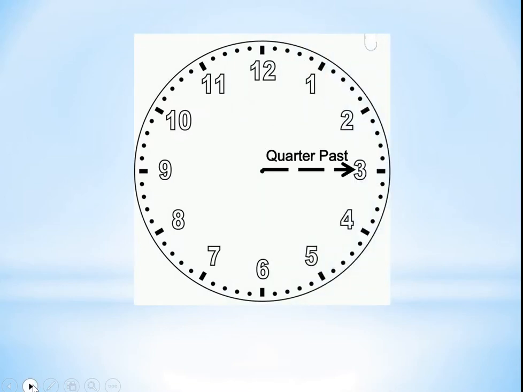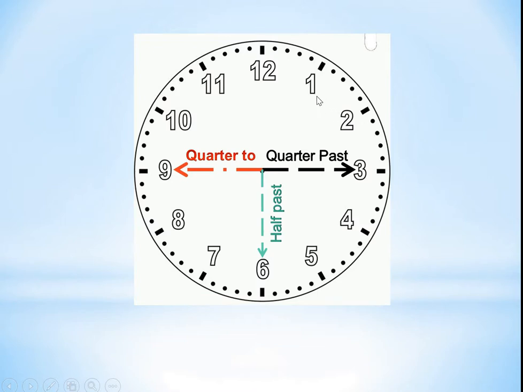Now we study when the long hand goes to 3, when the long hand goes to 6, when the long hand goes to 9. First, when the long hand goes to 3, how many minutes in digital? We write 15 minutes. But in English, we write quarter. Quarter what? Quarter past. Past what? Past the short hand, the hour.